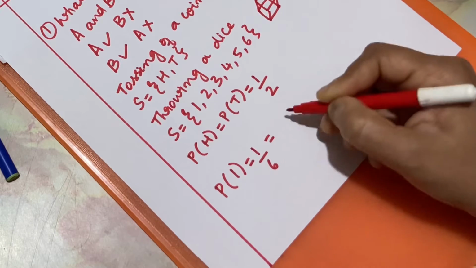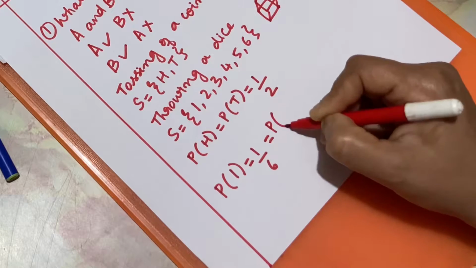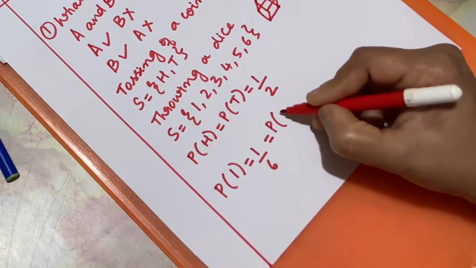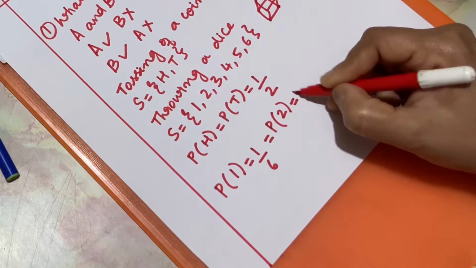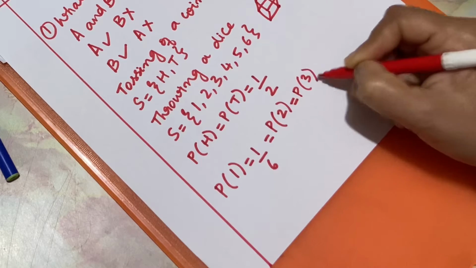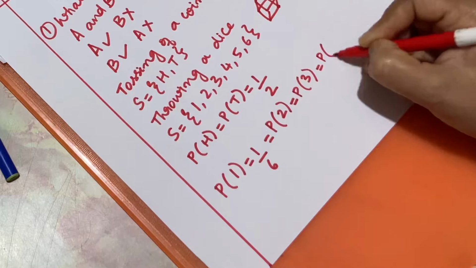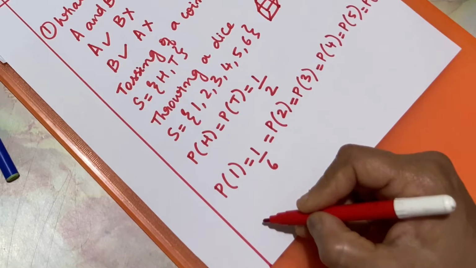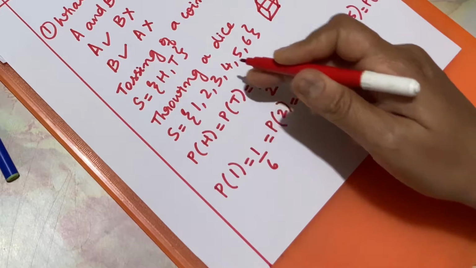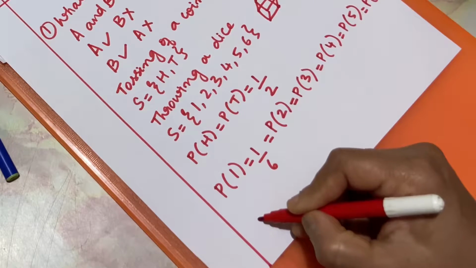The probability is the same with respect to other numbers. The probability of getting 2 is the same as the probability of getting 3 or 4 or 5. Now we know the probabilities of both the events.